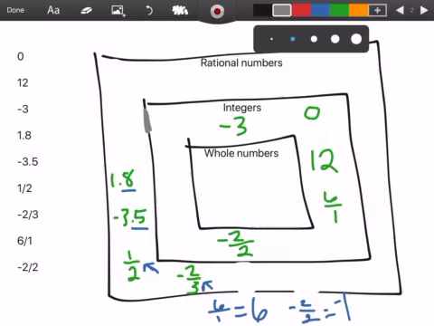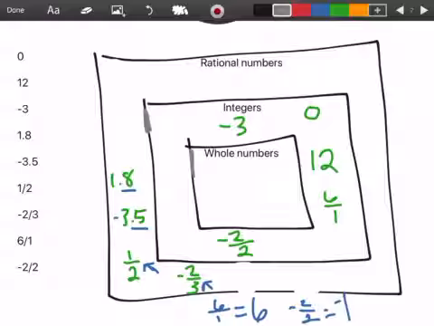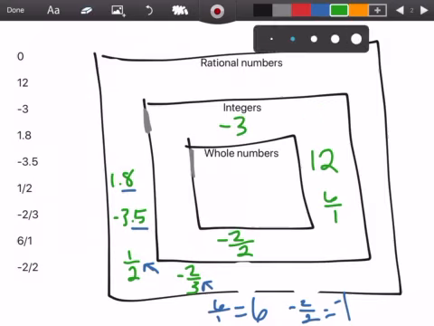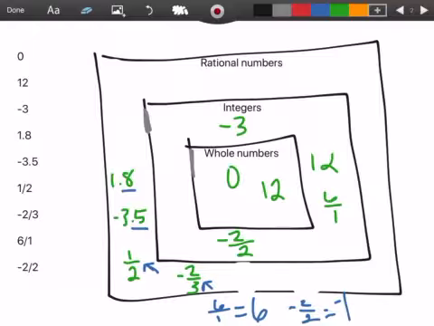And then we're going to, again, give the whole numbers a gate. And the only thing that can move into the whole numbers are the positive whole numbers. Okay, we can't have any negatives. So negative 3 can't go, but 0 can. And so can 12, and so can 6 over 1, because that equals the whole number 6.